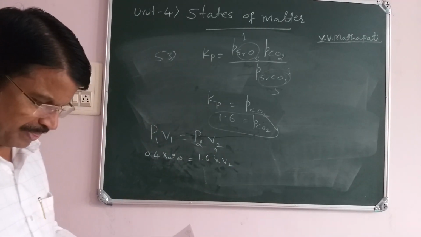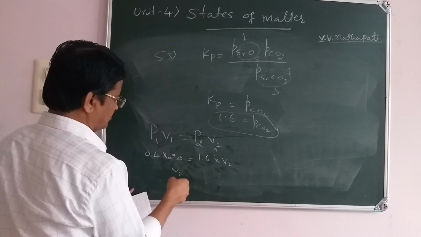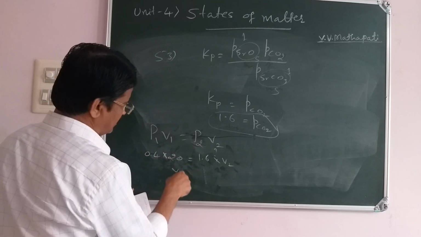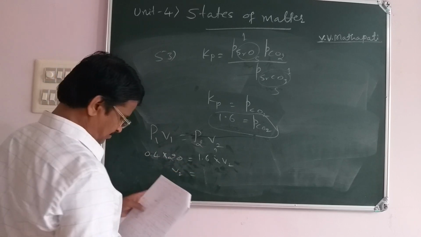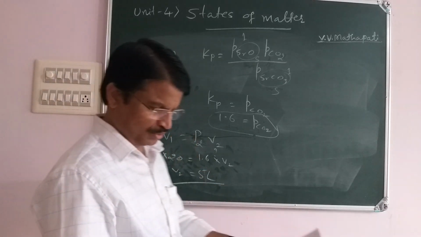Therefore V2 equals, cancelling the point, 80 by 16, therefore we get the answer 5 liters. V2 equal to 5 liters.